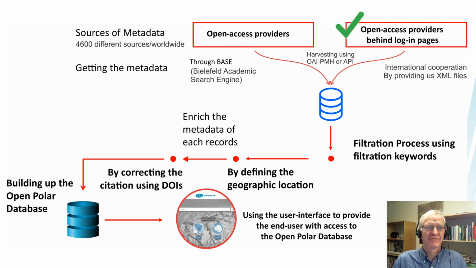In addition, we have gained access to the records from important and polar-relevant sources that are not covered by BASE. These may be sources that are open access, but not harvestable through the Open Access OAI-PMH protocol. Or they may be behind a login, but they are not behind a paywall.